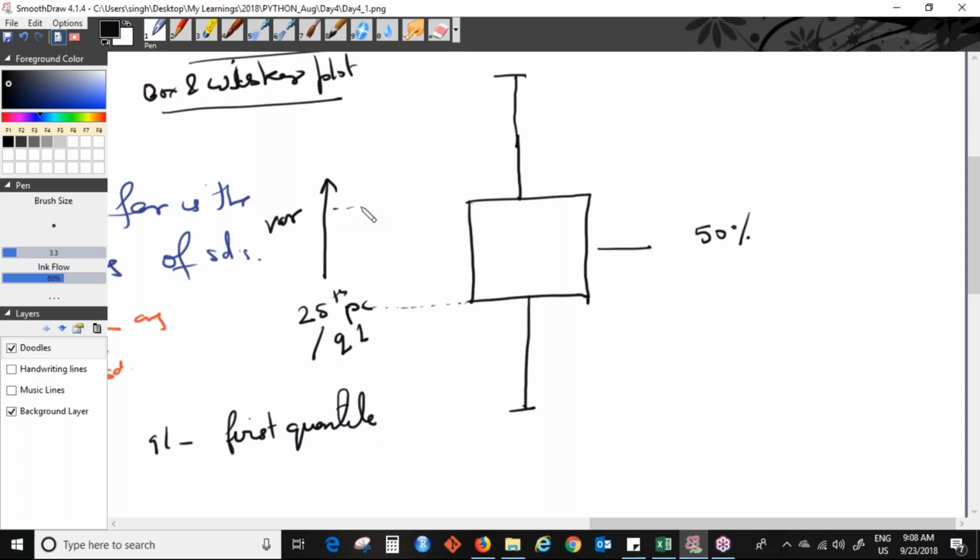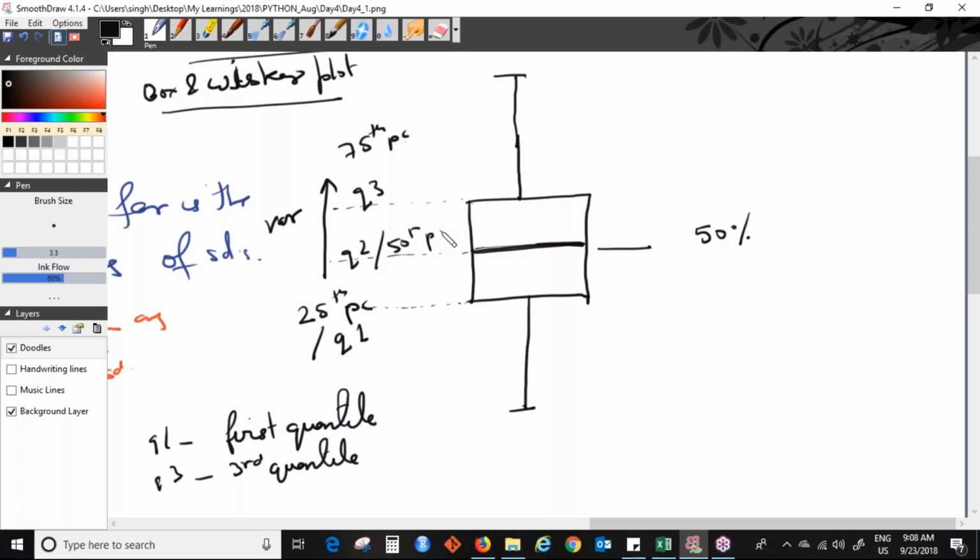Then you have the upper end of the box. This is Q3 or the 75th percentile. Q3 is known as the third quantile. In the middle of the box you will have a dark line, that is called Q2 or the 50th percentile or median.